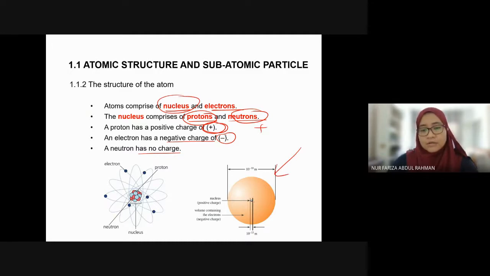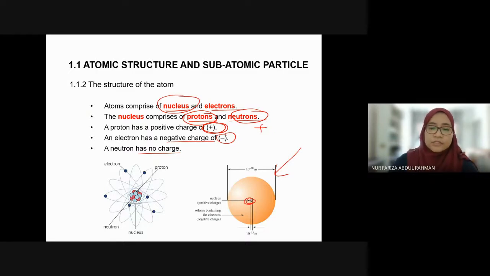As you can see from the diagram, the nucleus is located at the center of the atom. In the nucleus we have protons and neutrons. But the electron is located outside of the nucleus.